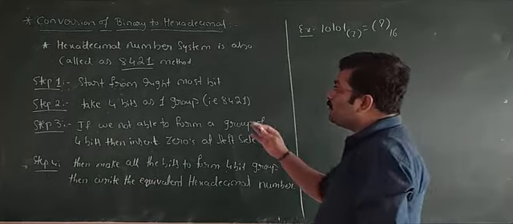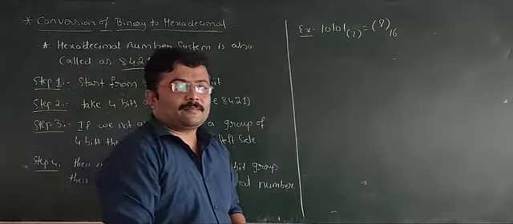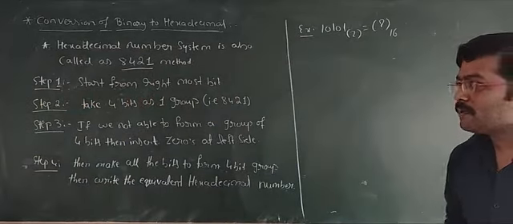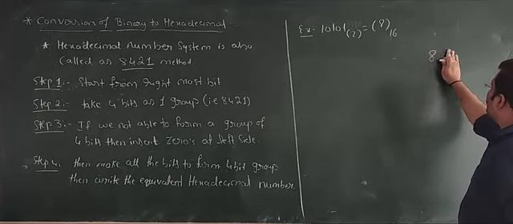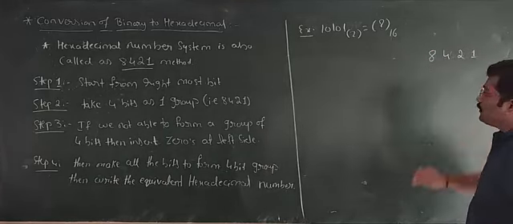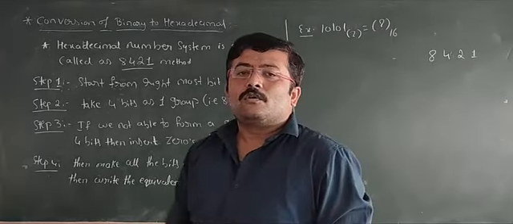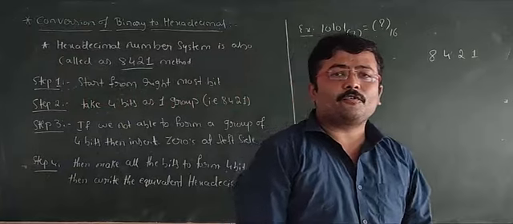Before going to the steps of converting binary to hexadecimal, let us consider a table of 8 4 2 1. How are the values written in the 8 4 2 1 method?